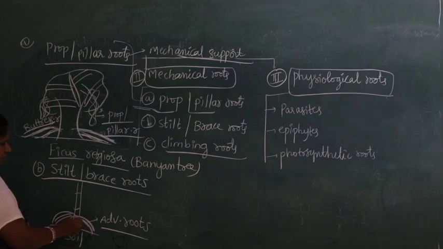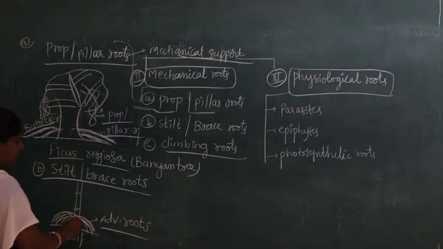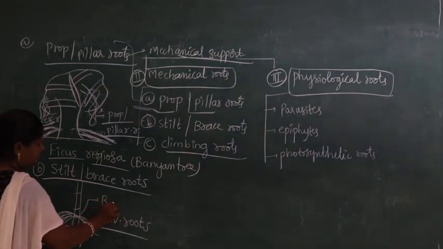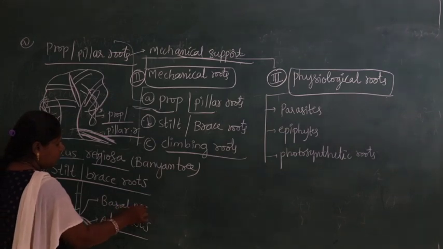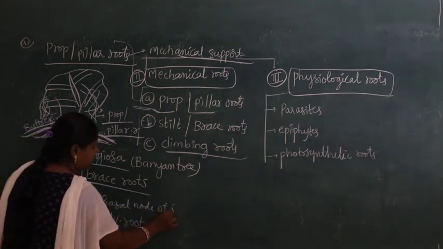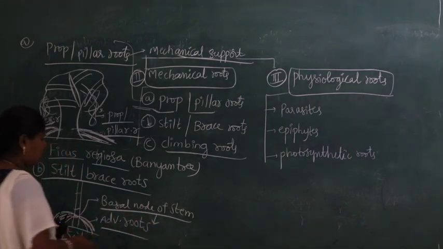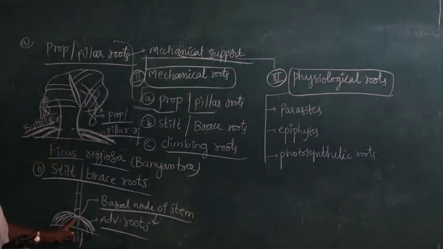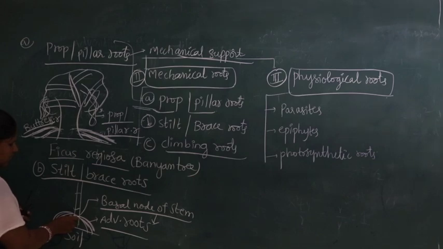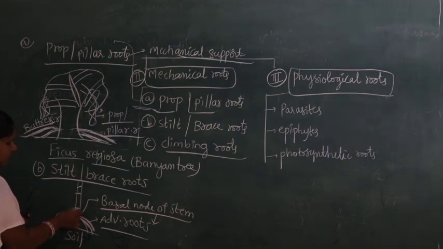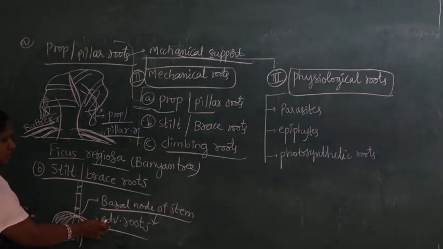Where are they developing? They are developing from the basal node of the stem. This is nothing but the basal node, right? So they develop from the basal part of the stem, and from there it forms adventitious roots.